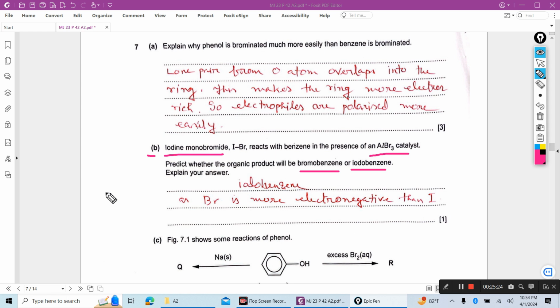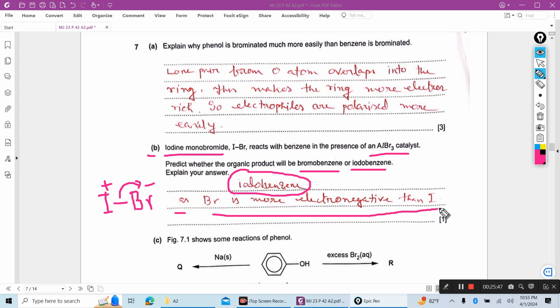So you know IBr, bromine is more electronegative, so it will be negative and the electrophile will be I plus. So the product will be iodobenzene, because bromine is more electronegative than iodine, so the electrophile is I plus. That's why the product will be iodobenzene.